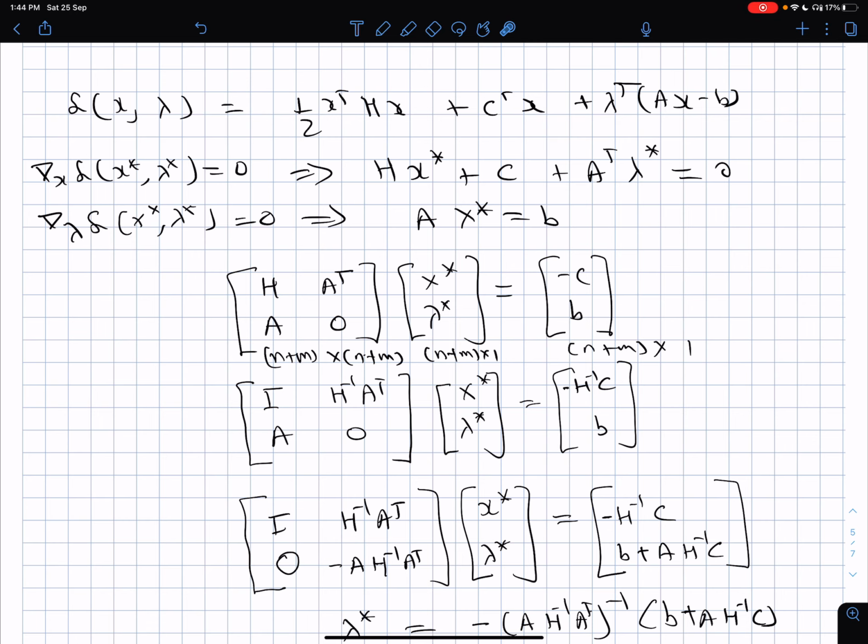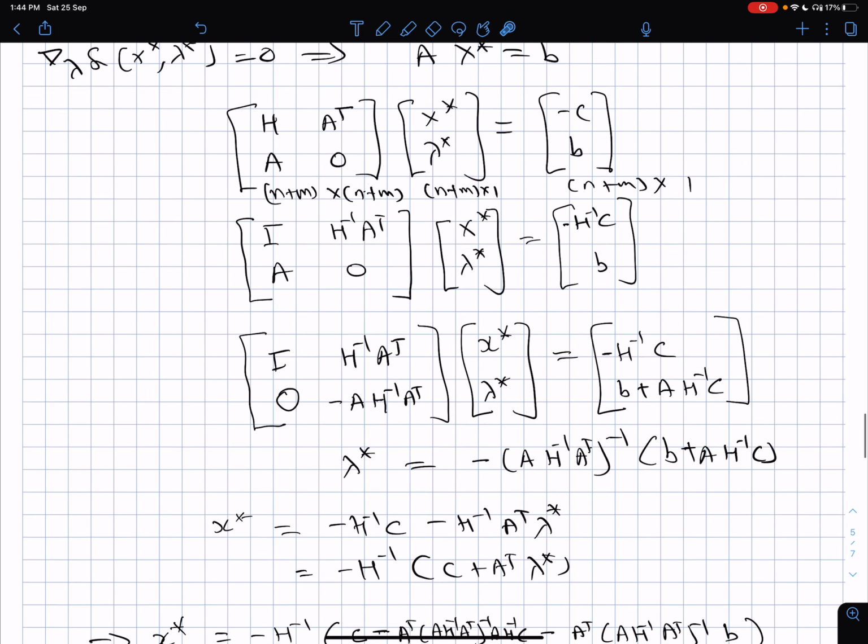So when I multiply this whole block by A and subtract it from the lower block, this block will become 0. This m cross m block will get you minus of A times H inverse A transpose, and on the right side, multiplied by A and subtracted, it comes as b plus A H inverse c.